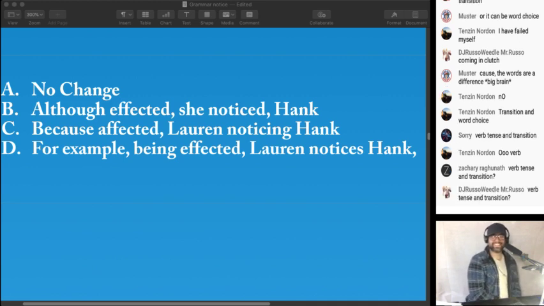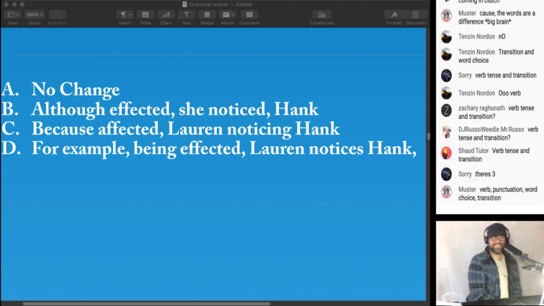Verb tense and transition? Okay. I think that's almost everybody. I'll give it a couple more seconds just in case. Verb, punctuation, word choice, and transition.